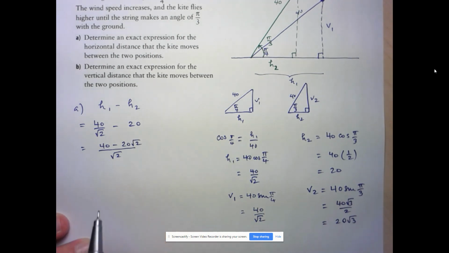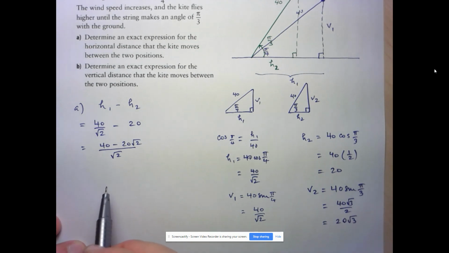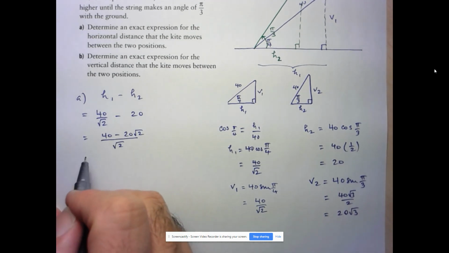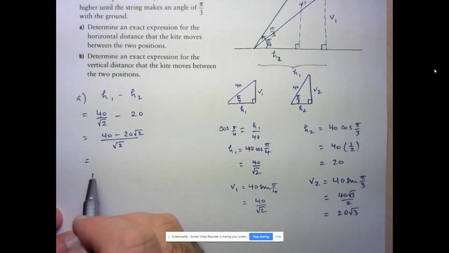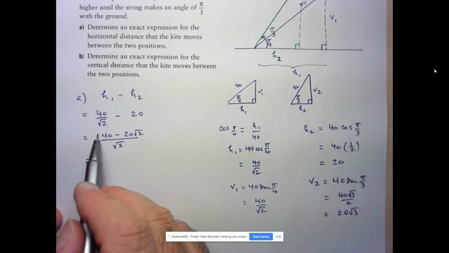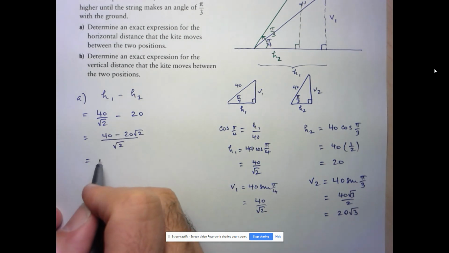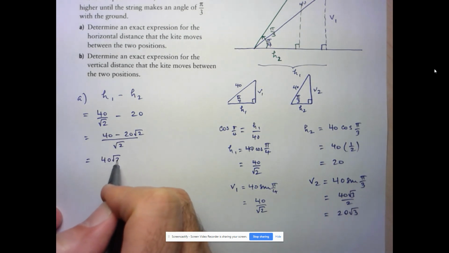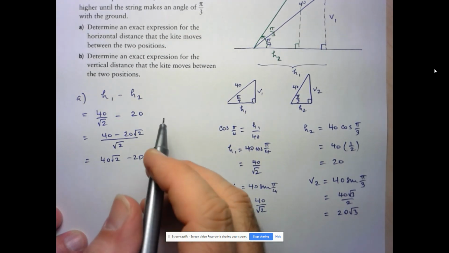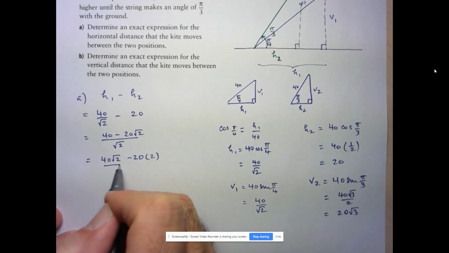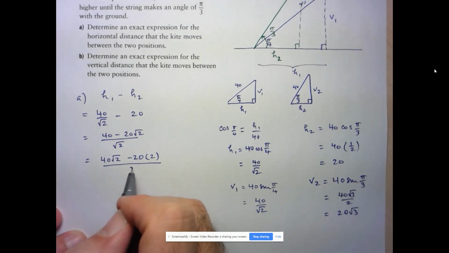This would be an acceptable answer since I'm not asking you to necessarily rationalize these denominators, but say we wanted to continue, we would just multiply numerator and denominator by root 2. Remember you have to multiply both terms, so it'll be 40 root 2 minus, 20 times, well, root 2 times root 2 is just 2, all over root 2 times root 2 is 2.